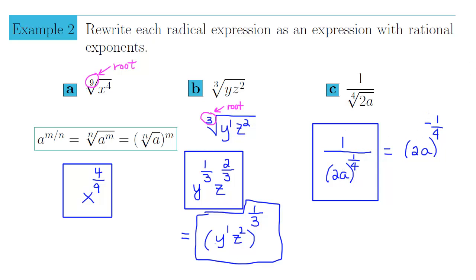Is that correct? Right? That's our definition of negative exponents. It tells us if we bring our base up to the numerator, then we have to change the sign on our exponent. 2a to the negative 1/4 is equivalent to 1 over 2a to the 1/4, which is the same thing as 1 over the 4th root of 2a.